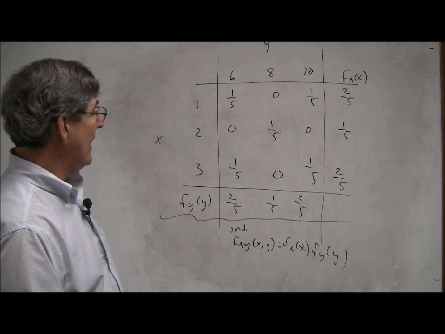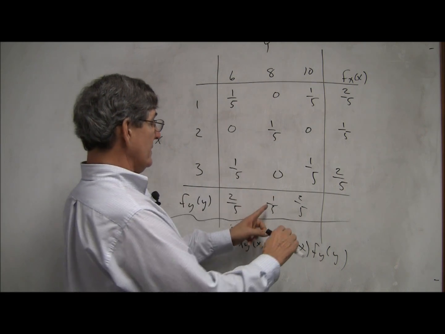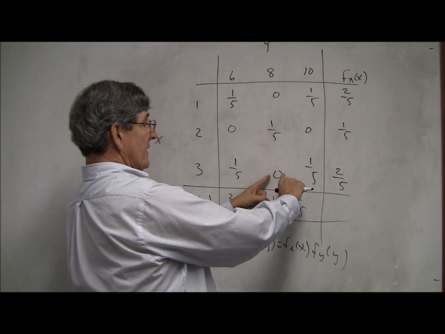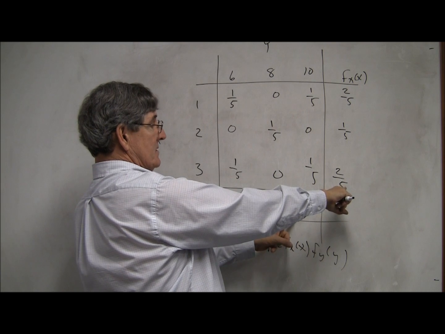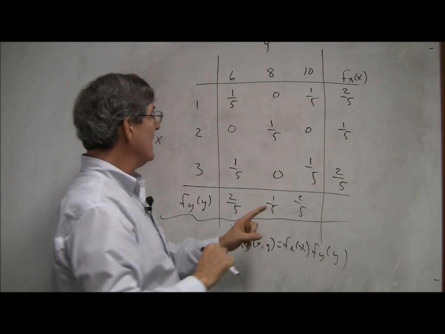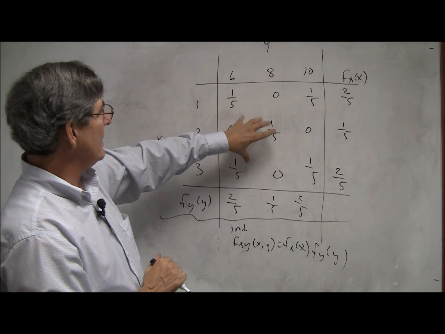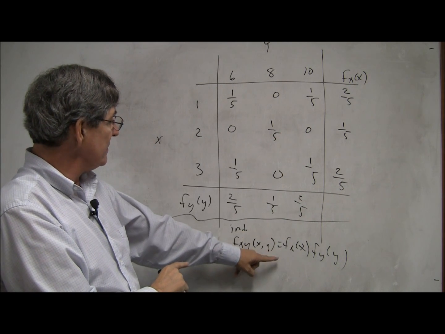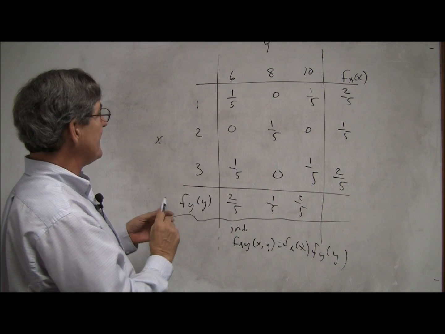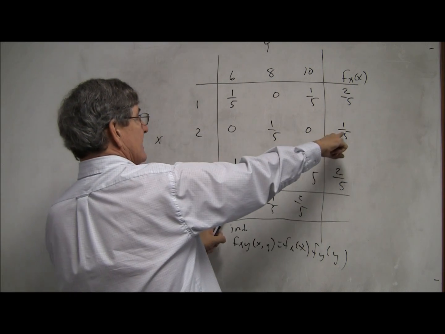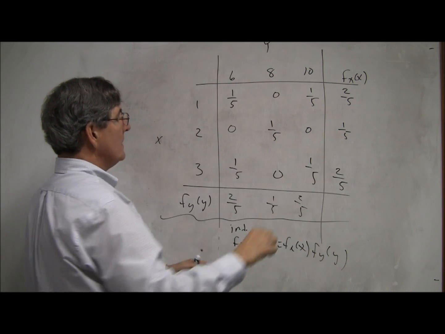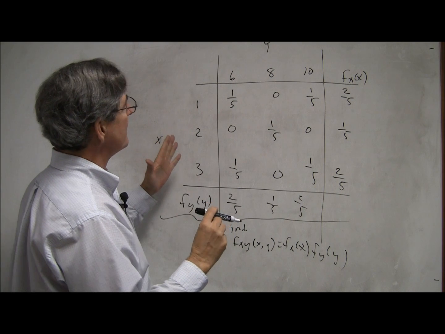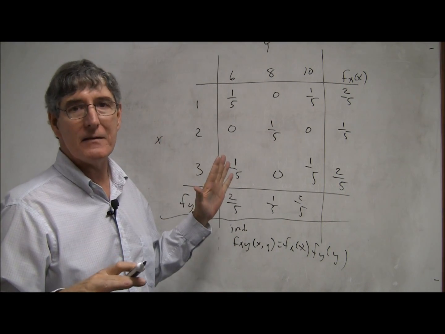Just look at any value here. Take this one. 1/5 times 2/5 is not 0. 2/5 times 2/5 is not 1/5. So I can't get the joint by multiplying the marginals together, which is what this says I have to be able to do. So it's just not the case that this one is equal to that times that. So these are not independent.